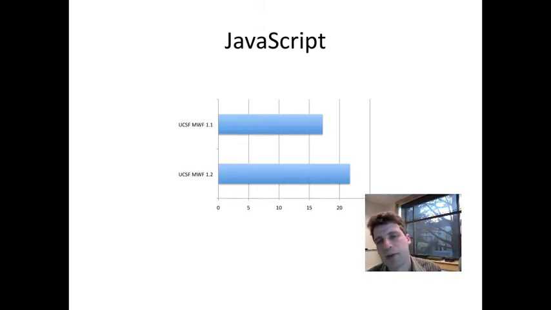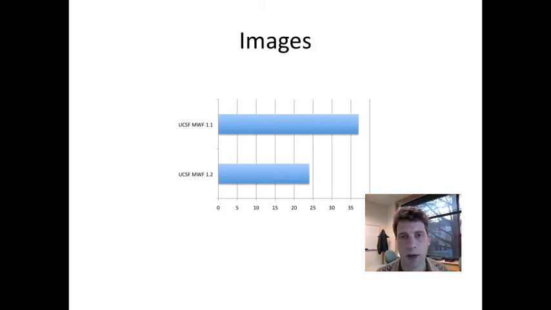So in fact, between these two versions of MWF, our JavaScript payload size is growing to somewhere around 22 kilobytes from a previous size of around 17. But that's okay because we're going to make up for it in other ways.